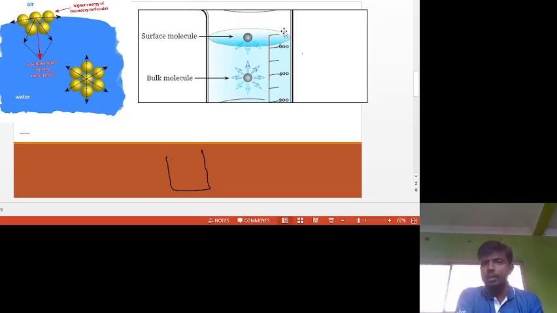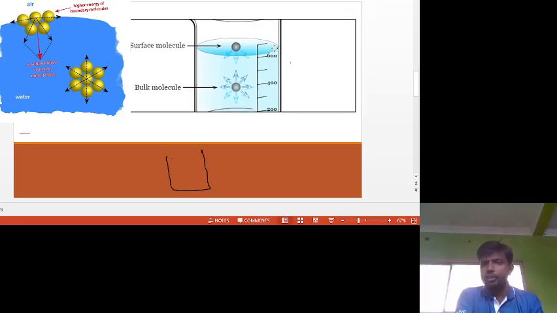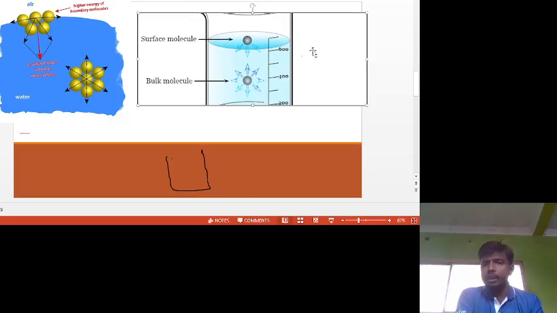And at the corner level there is adhesive force. Adhesive force is the attraction between two different kinds of molecules, like solids and liquids, and if the attraction is between the same molecules, it is called cohesive force.